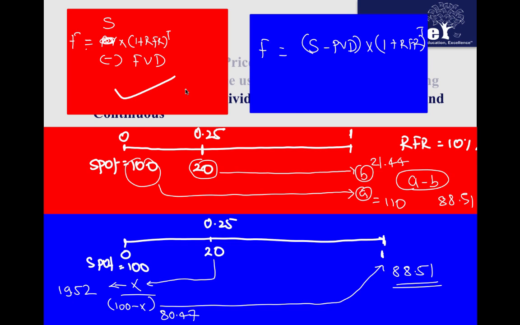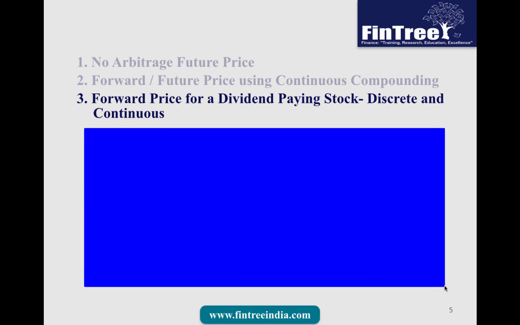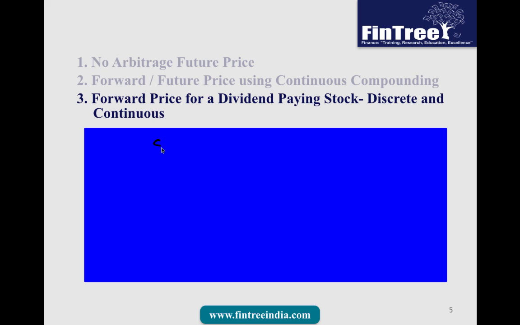Going forward for the next formula, in fact we are left with continuous compounding. So let us say again that we've been given a spot price of 100, and a risk-free rate of return of, let us say, 10% on a continuously compounded basis.